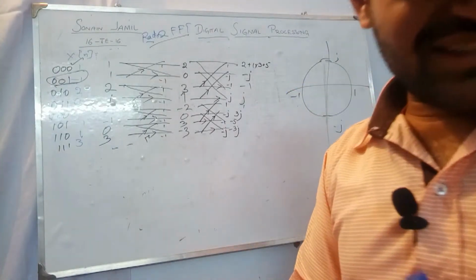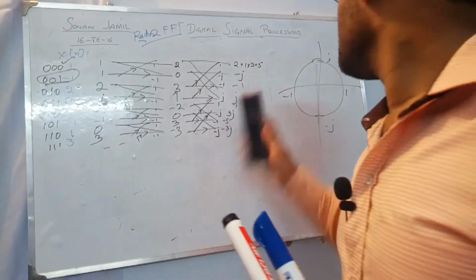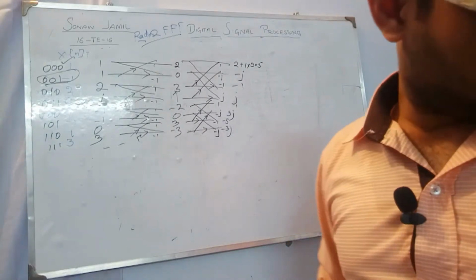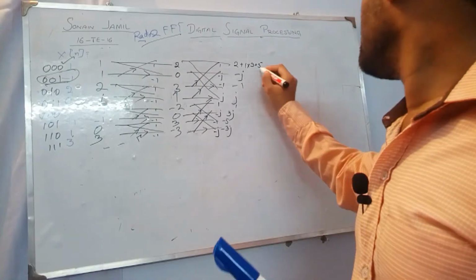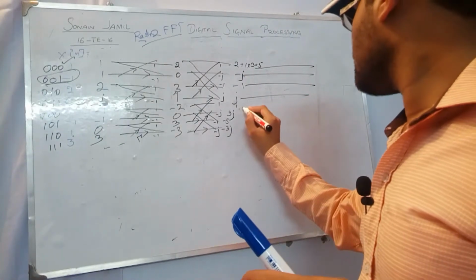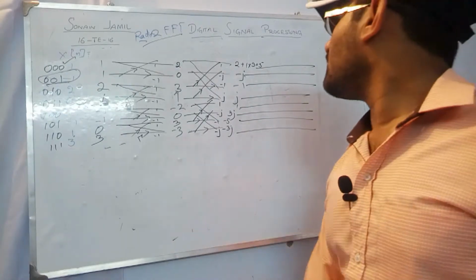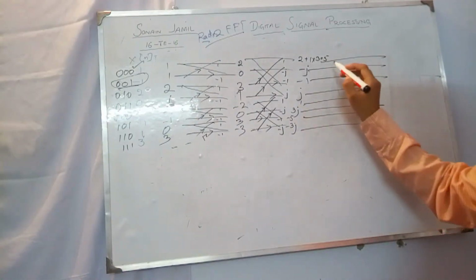And the next step, what we'll have to do is just expand this. Now we want to get the 8-point DFT.